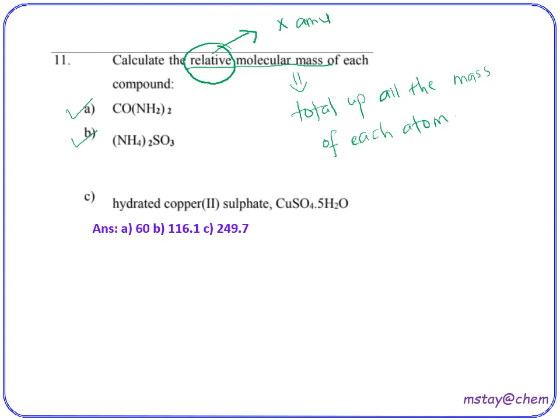I just want to highlight that when we discuss a hydrated molecule, in the formula you will notice there is one dot here. This dot is actually a plus. When you do the calculation, you use the operation addition, plus the mass of these 5 molecules of water.